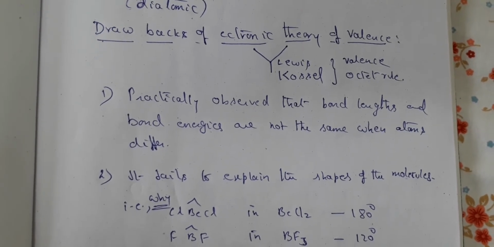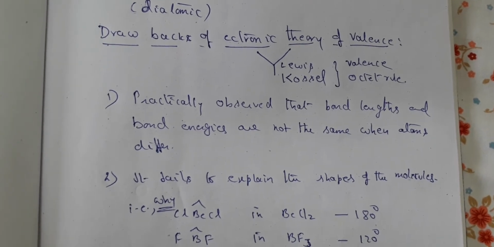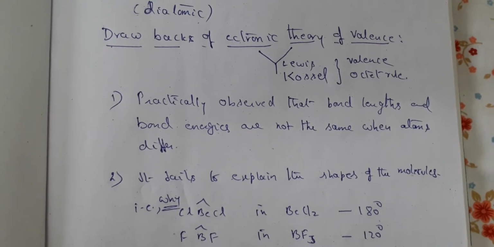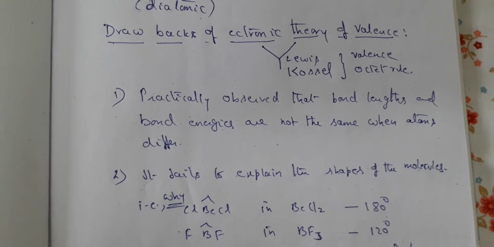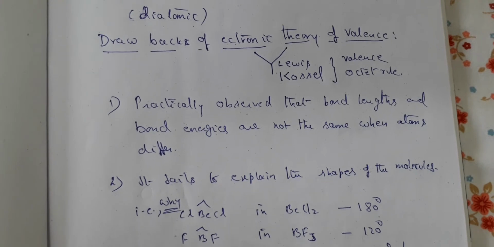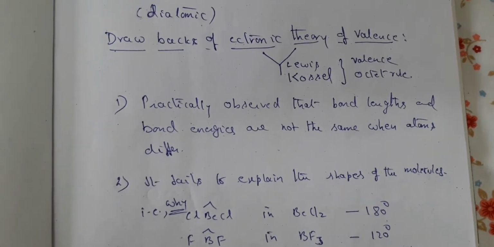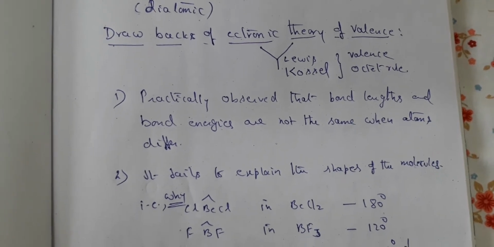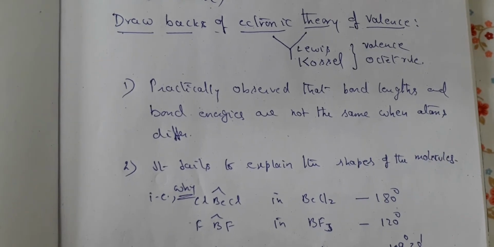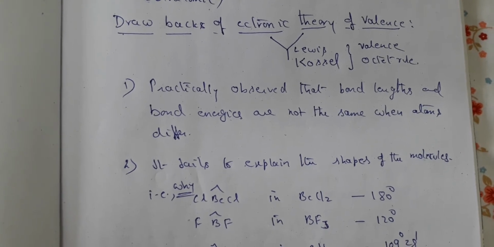This is also proposed by the electronic theory of valence. When people studied this theory, they understood ionic and covalent bonds. But specifically when it comes to molecular shapes, this theory could not explain the shapes. That is one of the drawbacks. Also, when we define bond length or bond energy, we are saying that each atom contributes one electron, and one covalent bond is formed between two electrons.